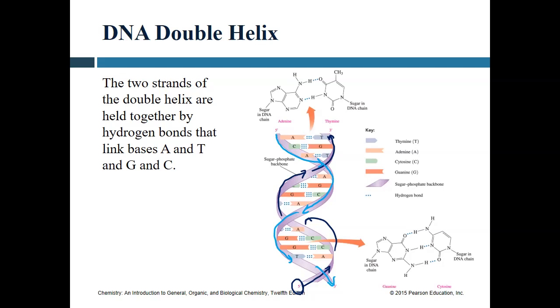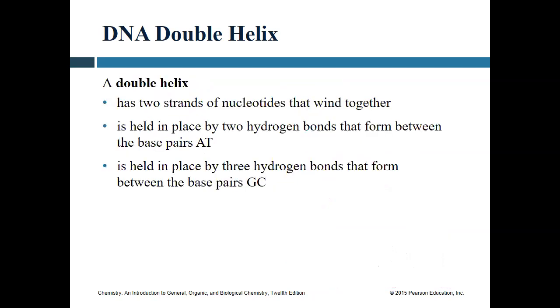And that twisting is going to create a more compact shape than if we just had it as one long ladder. So the end result is a double helix.